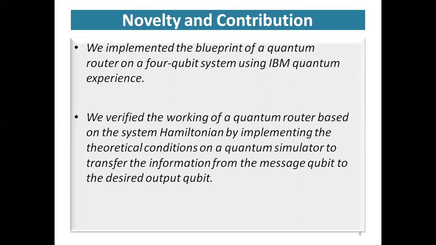That paper is our reference. We have implemented the theoretical conditions they proposed, in which information can be transmitted from the input qubit to the desired output qubit. What does that mean? That will be clear in the next slides.